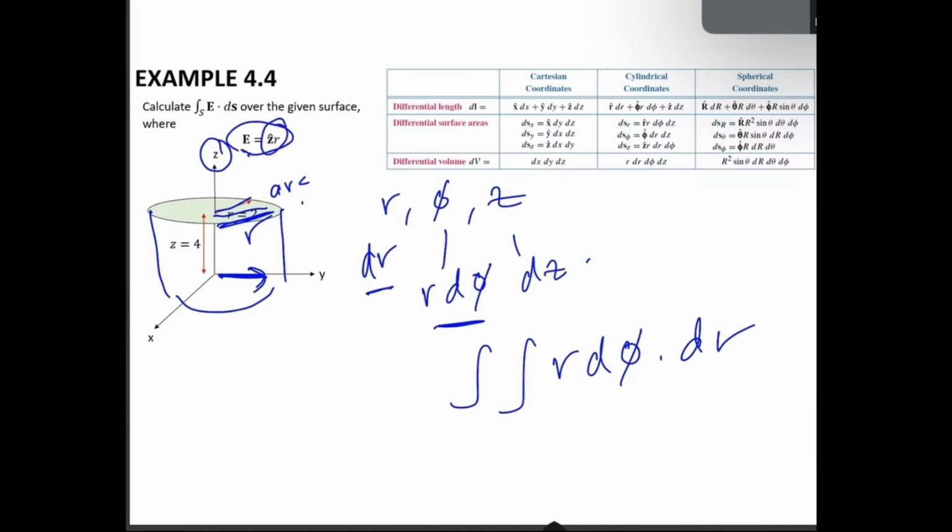We just put r times r, one more r, so we get r squared dφ and dr. Then do integration. I believe you already learned this in your mathematics; it is just simple integration, one by one: r with dr, and then dφ.